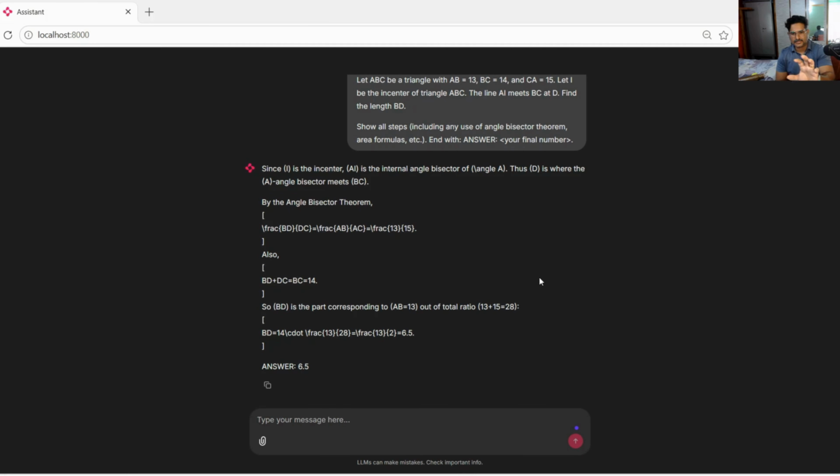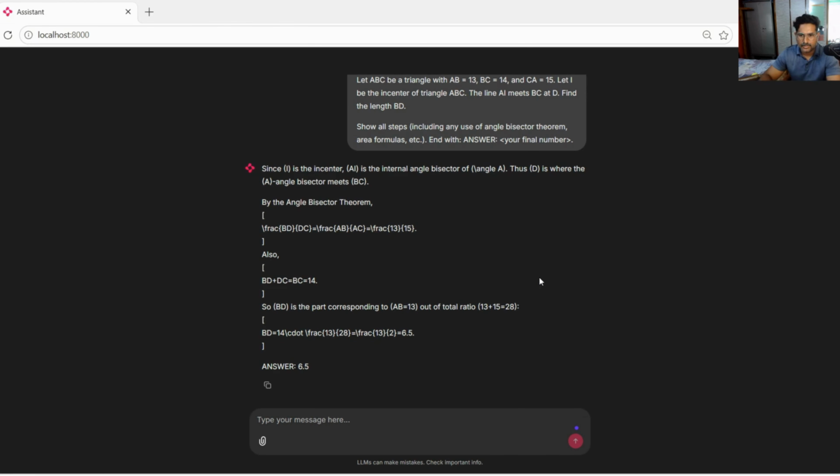The angle bisector theorem is BD by DC equal to AB by AC, which here gives you 13 by 15. Including BD plus DC equal to BC, which is 14, BD is going to be 13 divided by 13 plus 15. So the final answer for BD is 13 by 2. It's 6.5, the exact bisector angle on BC.